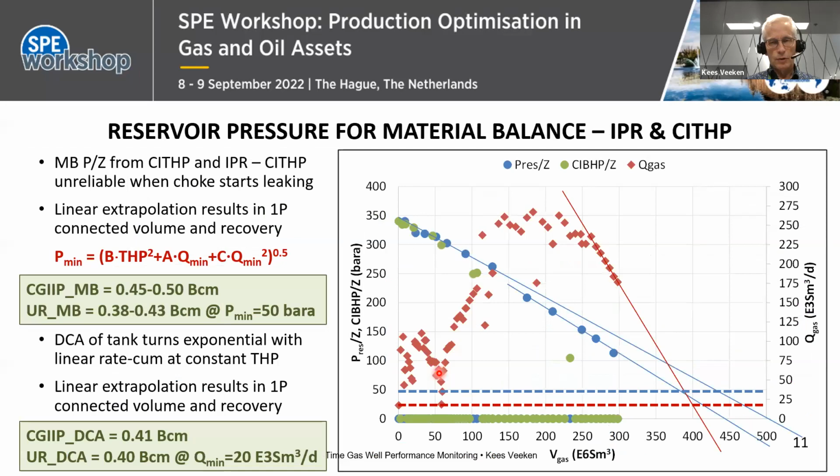Okay, that's one example. The other, more mundane application is where you use the reservoir pressures that you find from matching your well performance at regular intervals, by using that reservoir pressure data in a material balance sense.